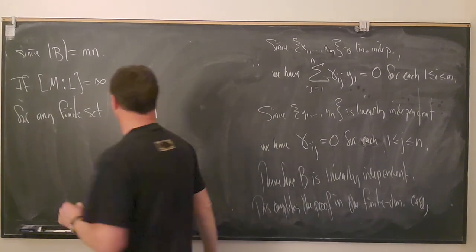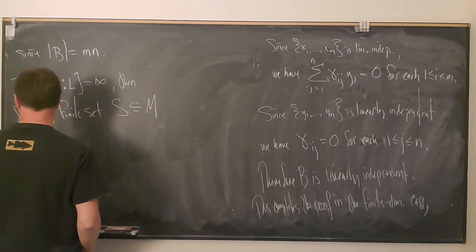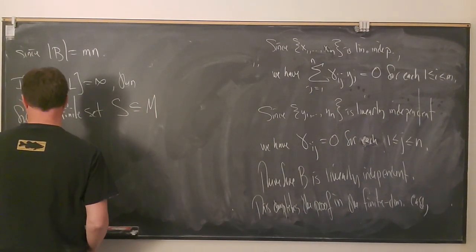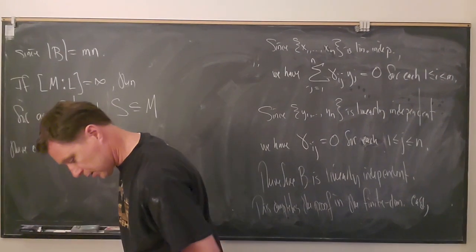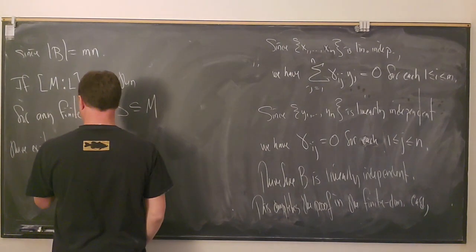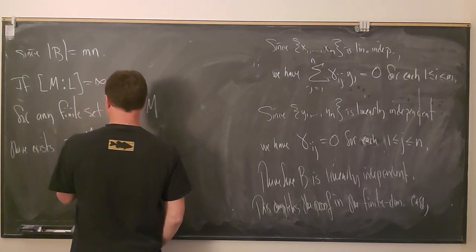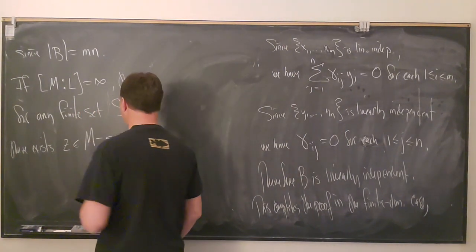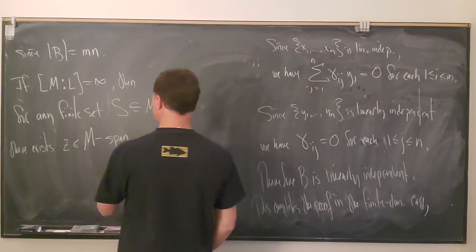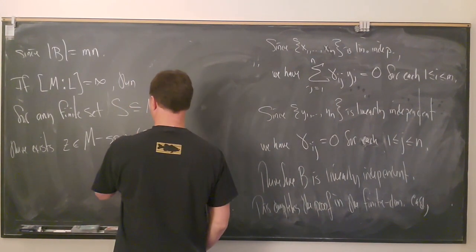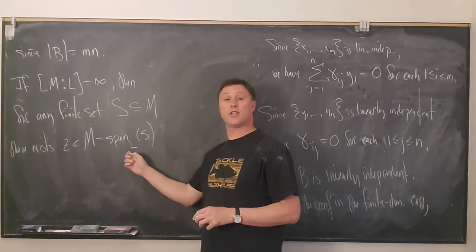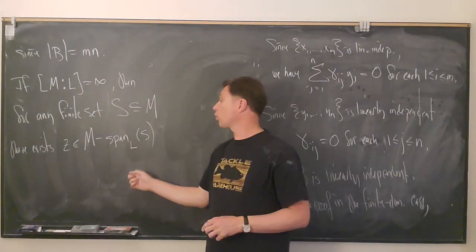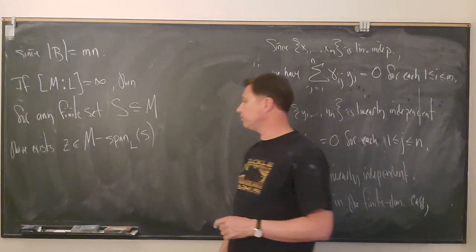So there exists some element, say z, in M minus the span, and I need to be a little bit specific here. This is the L-span of S, where we're forming linear combinations using coefficients whose scalars come from L.